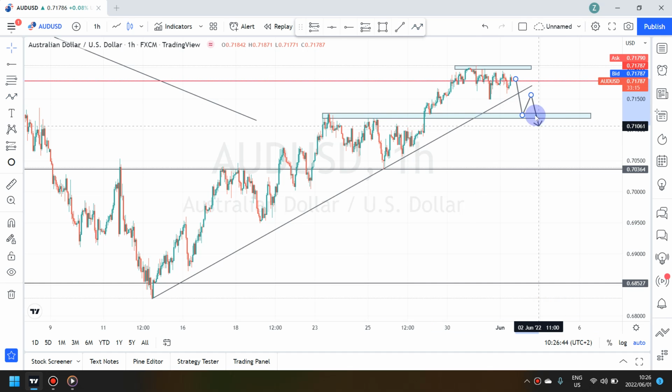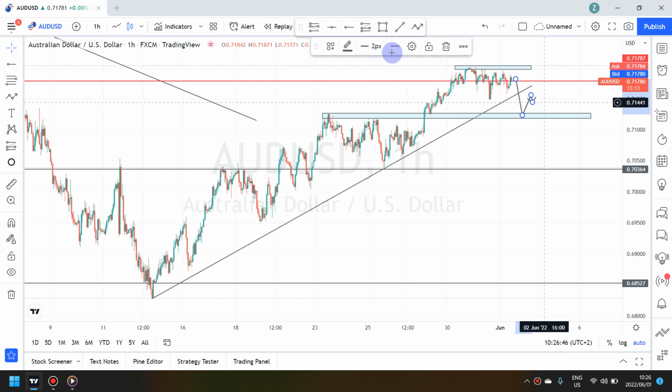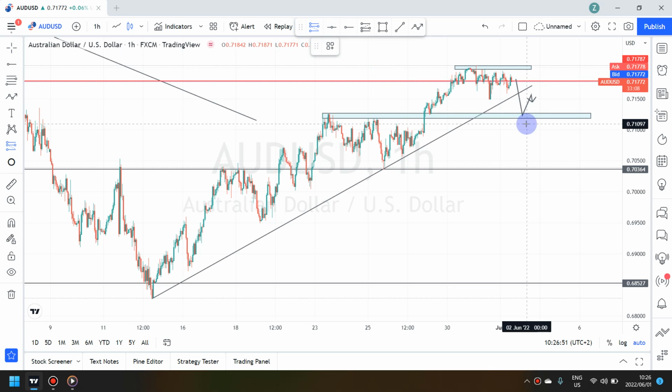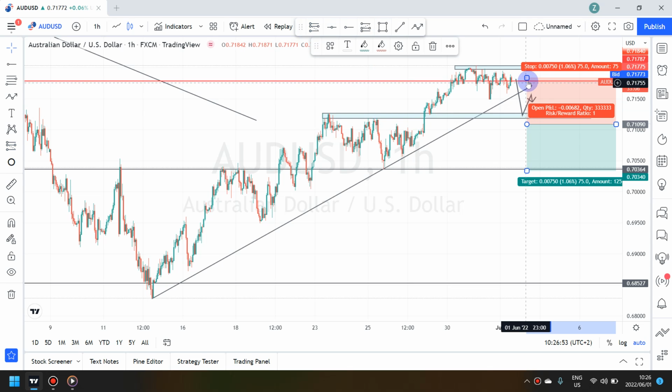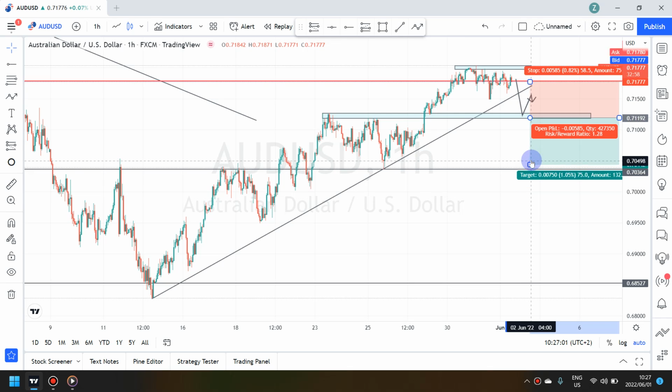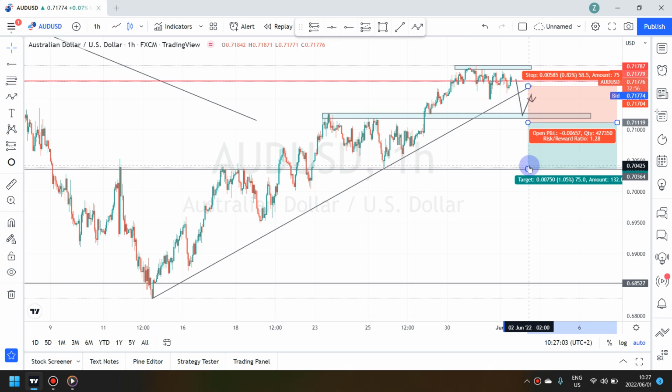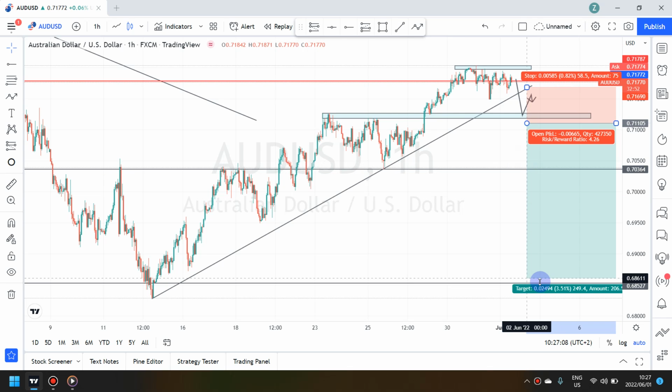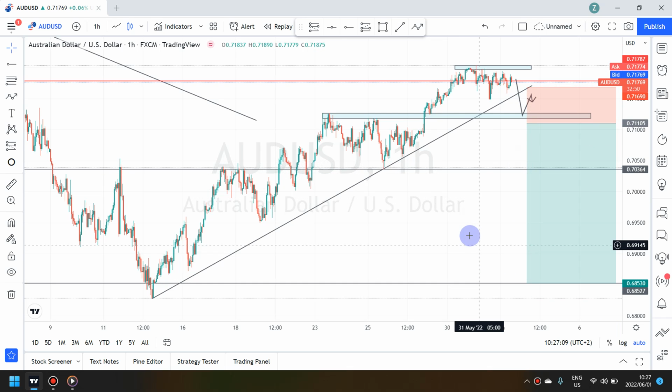So once the market has retested there, that's where you can place your sell stop, with your stop loss here, and your take profit possibly around the lowest of the key level.